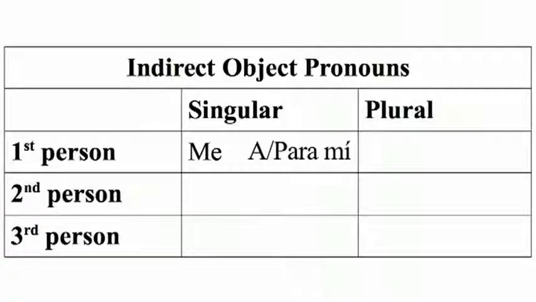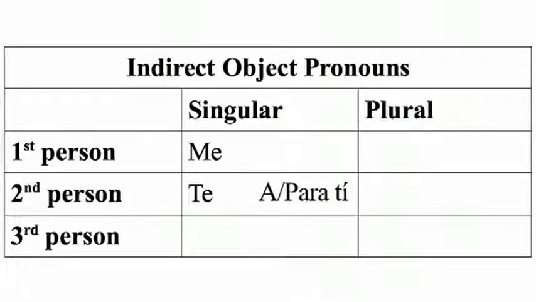When me is the indirect object, you don't use a yo, but me, a mí. In the second person, you'll use te, to or for you. The same goes for when you use you as an indirect object. You won't use tú, but rather ti, a ti, or para ti.